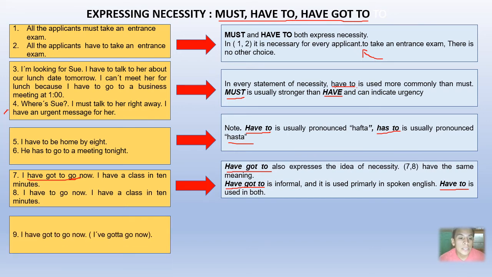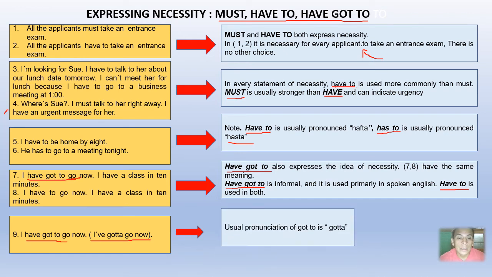And the last one is example number 9: I have got to go now. This is a very interesting form, in the contracted form. It sounds like "I've gotta go now". The usual pronunciation of got to is "gotta".